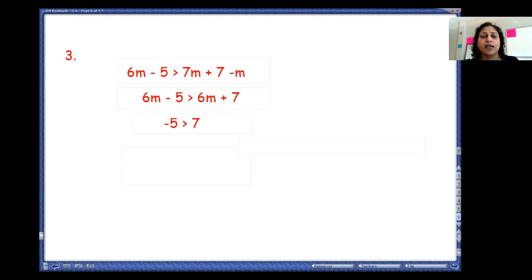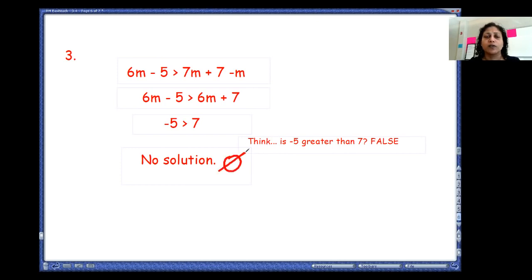It turns out that negative 5 is greater than 7, and now you have to think to yourself, is negative 5 greater than 7? In this case it's false, so this inequality has no solution, and you're going to write no solution. If you want, you should also start using the symbol for no solution. So right next to no solution, you're going to make your symbol for no solution.